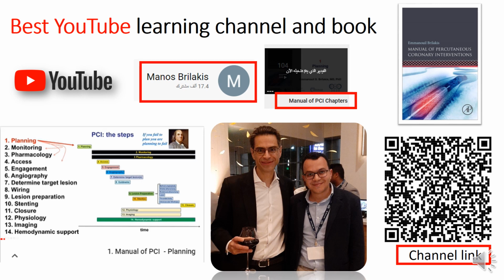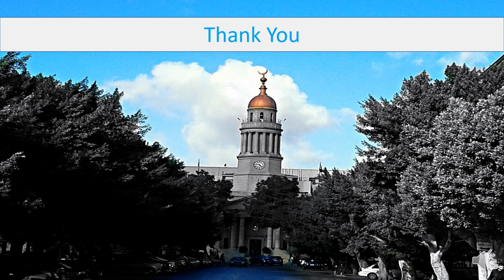He has an excellent book called The Manual of Percutaneous Coronary Intervention, and he is discussing the chapters of this book. You can find it on a playlist called The Manual of PCI Chapters, starting from planning for PCI to the advanced steps of PCI. And finally, thank you.